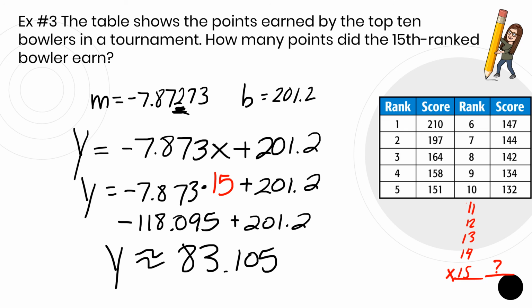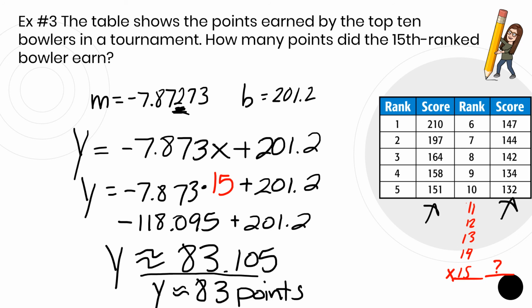But let's look at the points. Did they do any partial points on my table? No. So let's round. It would be approximately 83 points. If the given table doesn't have decimals, then you don't want your final answer to have decimals, okay? You need to round according to the scenario.